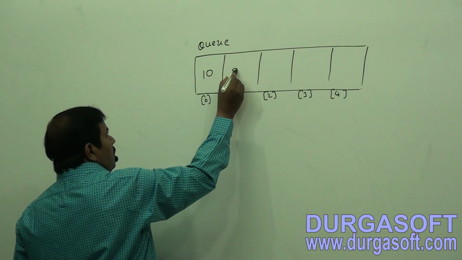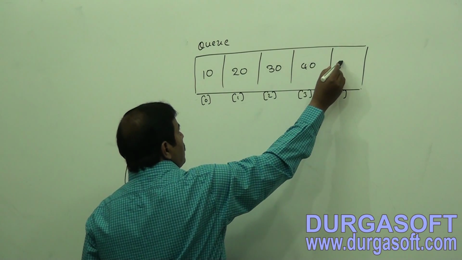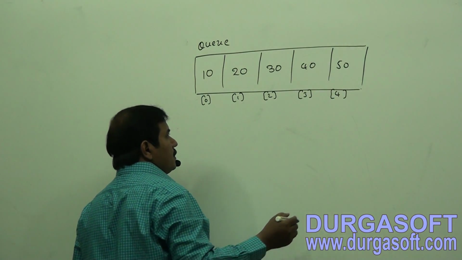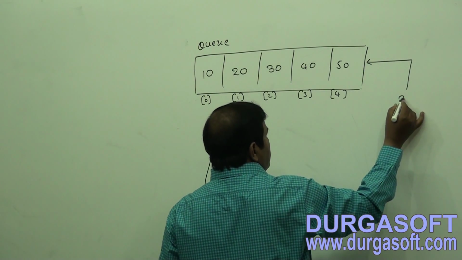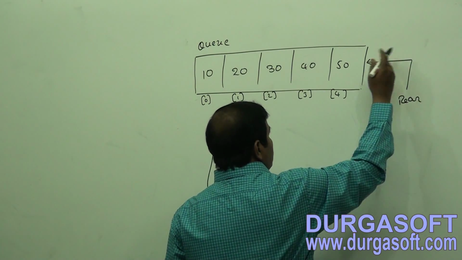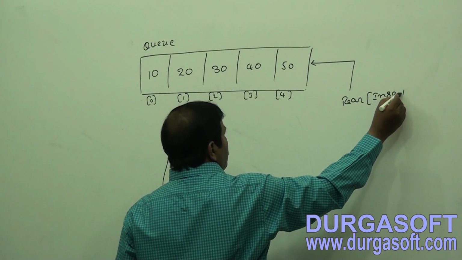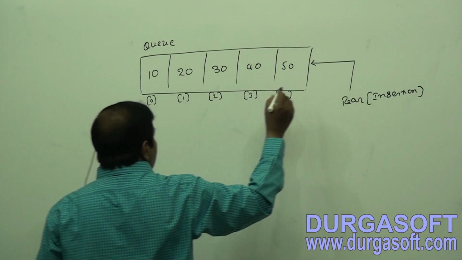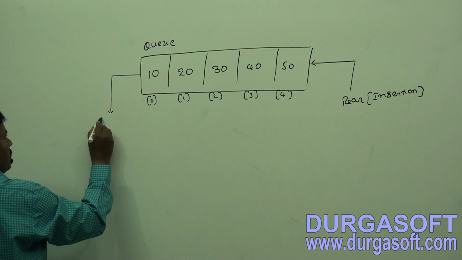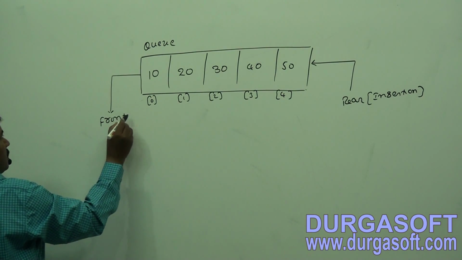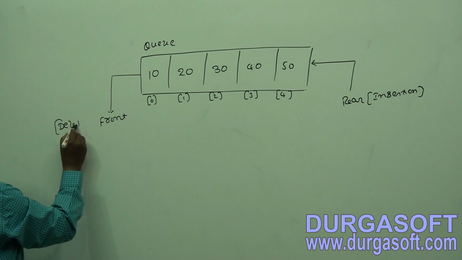These are the data elements 10, 20, 30, 40 and 50. Let this end be the rear end, from which the insertion operation is performed. And this other end is called the front end, through which the deletion operation is performed.